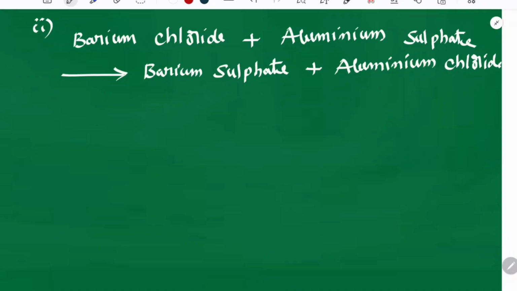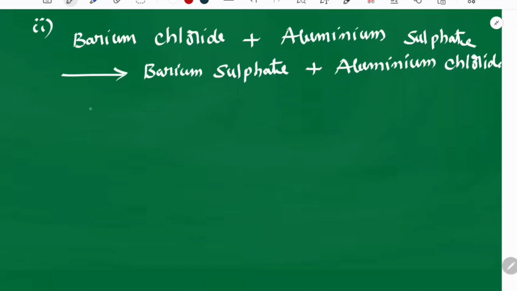Okay. So first we should know the formulas, then only we can balance the equations. Otherwise, it is very difficult to balance chemical equations. Everyone should keep in mind, you should learn the formulas. If possible, I will discuss one class on how to write formulas.